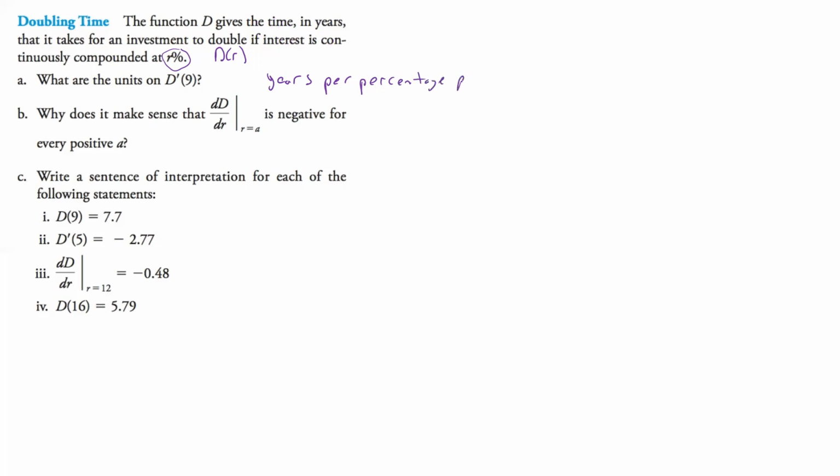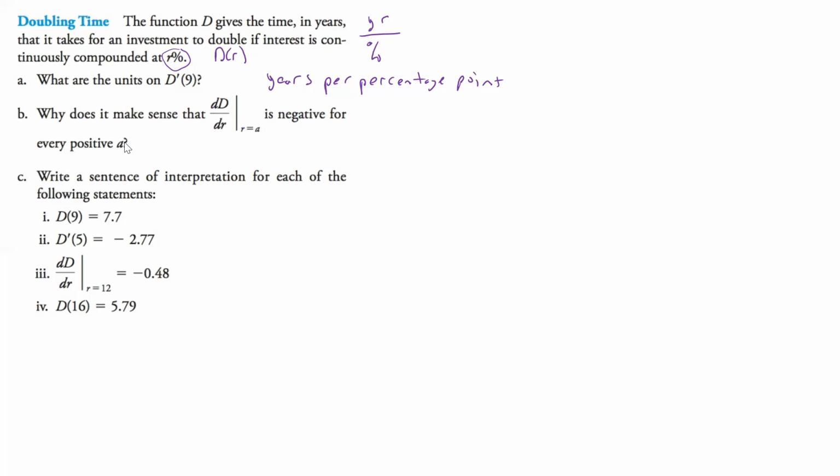Maybe it's percentage point, so it's going to be years per percentage or percentage point, however you want to look at it, but it's going to be a percent in the bottom. So we have really the years over the percent, and then when you divide by it, you just have a single point.